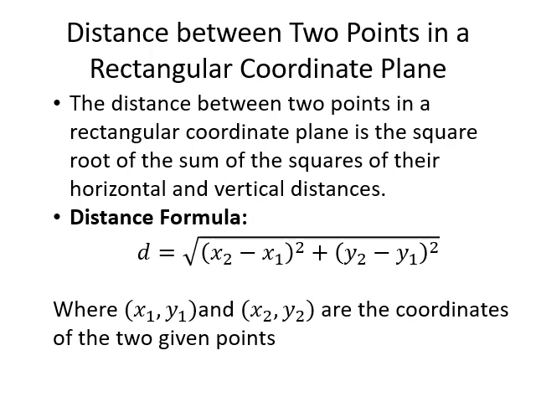So the distance formula is d equals the square root of (x sub 2 minus x sub 1) squared, so that is the horizontal distance, plus (y sub 2 minus y sub 1) squared, so that is the vertical distance. Okay, so (x sub 1, y sub 1) and (x sub 2, y sub 2) are the coordinates of the two given points, just like in the previous lesson about midpoint.